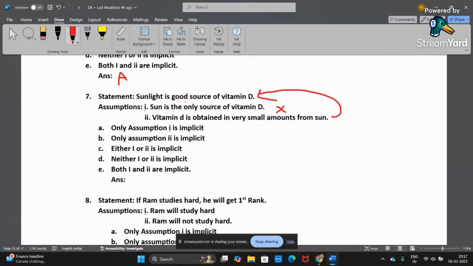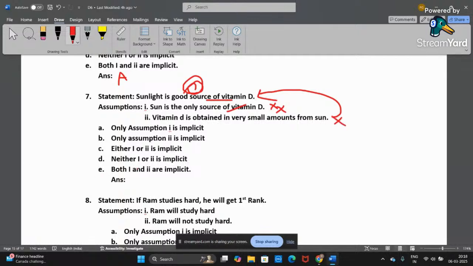They're not talking about a certain amount of vitamin D. They're just telling sunlight is a good source of vitamin D. So we're taking that as explicit because that is wrong. Even the amount we are obtaining is not mentioned in the statement, so even this is wrong.